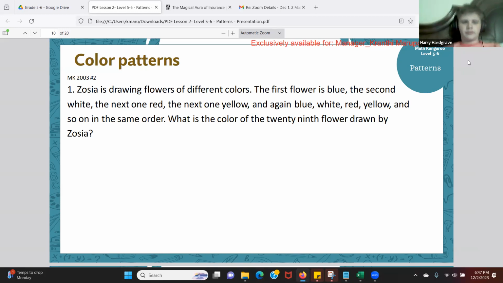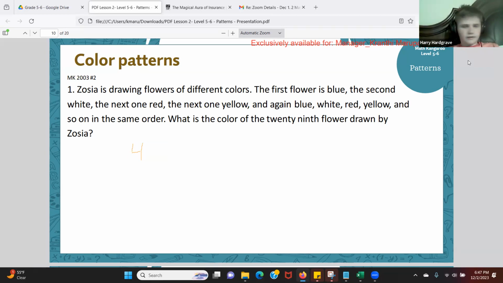Now, when I look at this problem, the first thing I want to do is determine how long the pattern is. If the first flower is blue, the second flower is white, the next one is red, and the next one is yellow, I know that the pattern is 4 long. So there's 4 colors in the pattern.